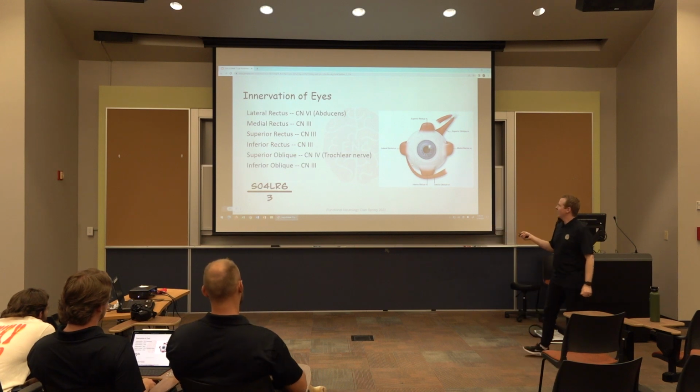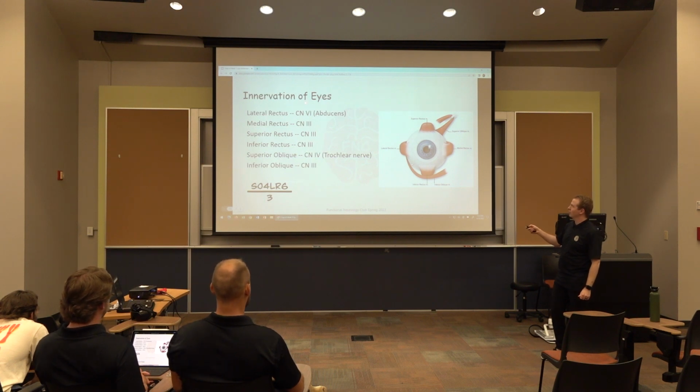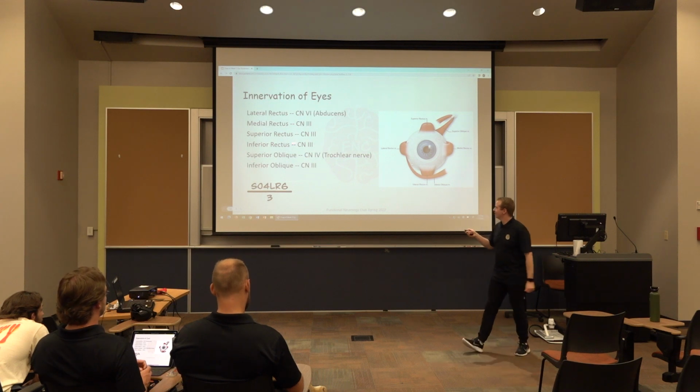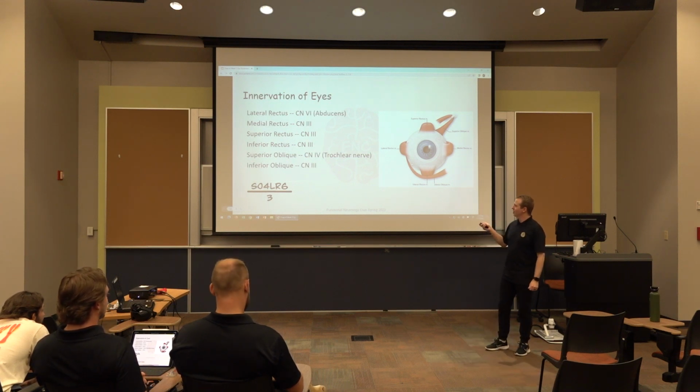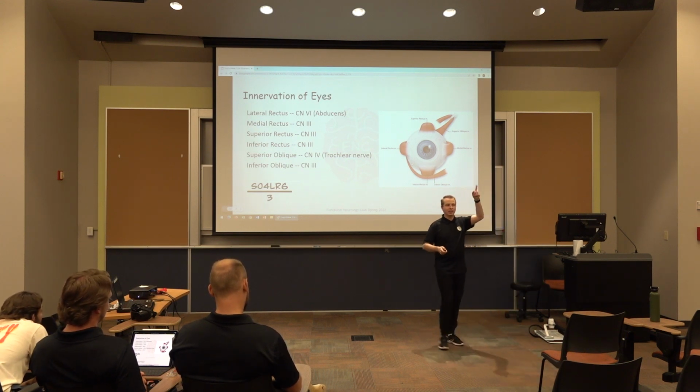So coming back here, alright. Cranial nerve 3, cranial nerve 4, cranial nerve 6. I don't know why the Romans came up with it like that. Alright, so cranial nerve 4 and cranial nerve 6 will only innervate one muscle each.